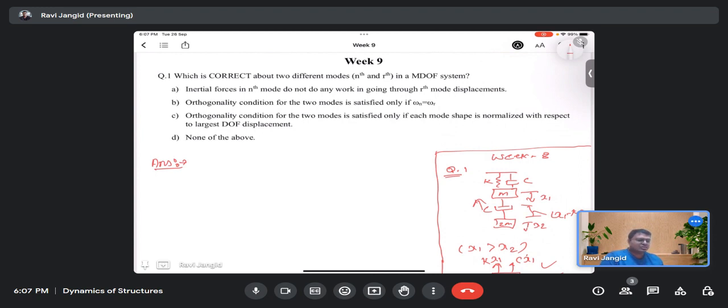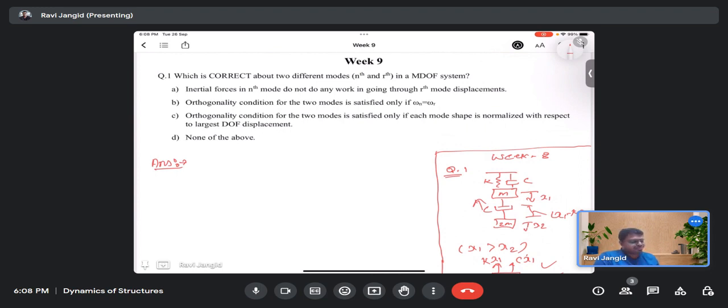And D is none of the above. So can you tell me which options are correct? Anything?